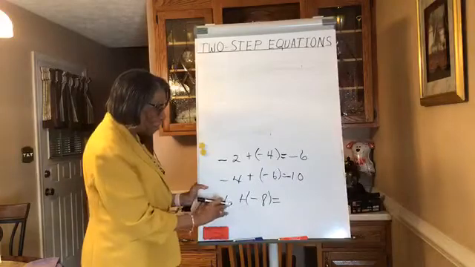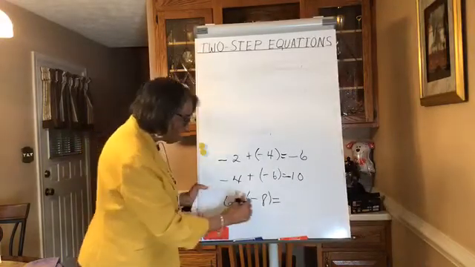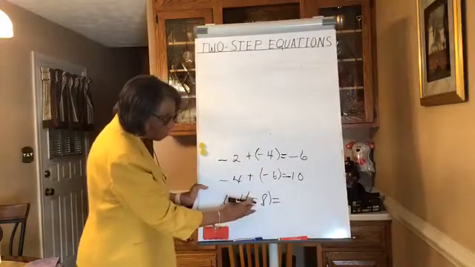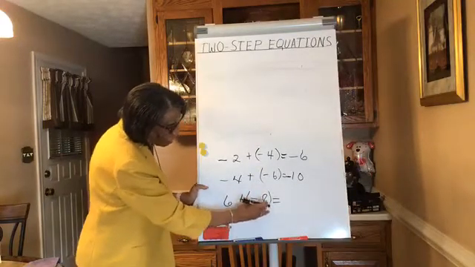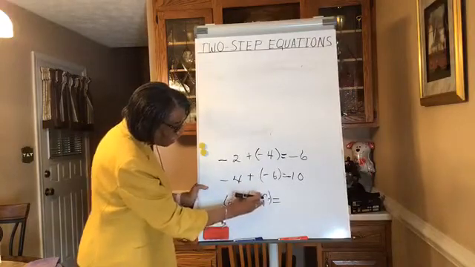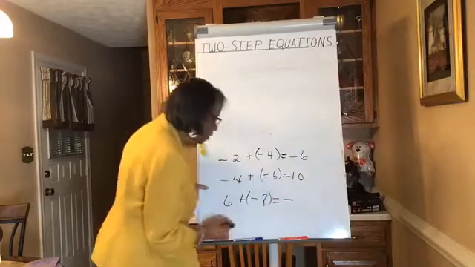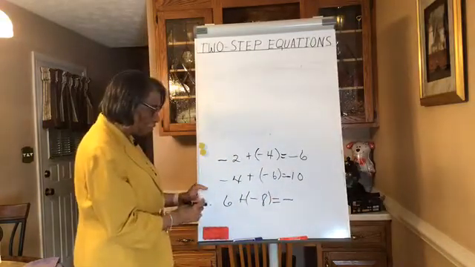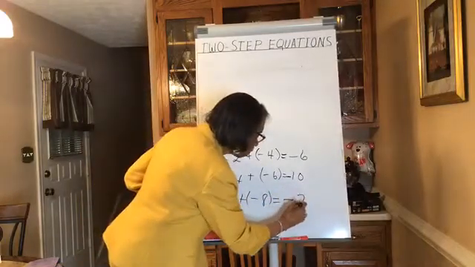All right, and 6 plus negative 8. The larger absolute value is the absolute value of negative 8, which is 8, so it's negative. The larger absolute value is negative, so 8 minus 6 is 2.